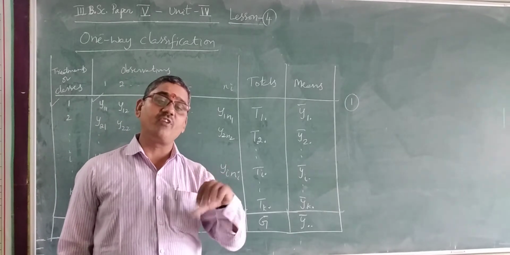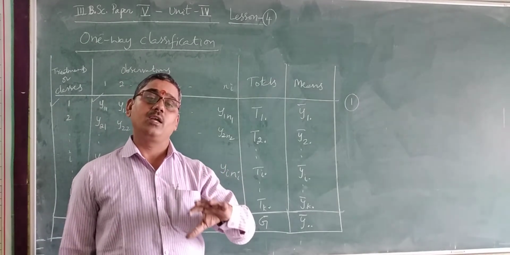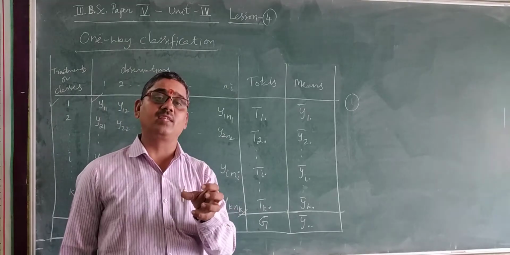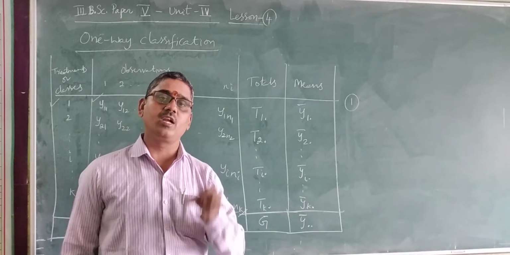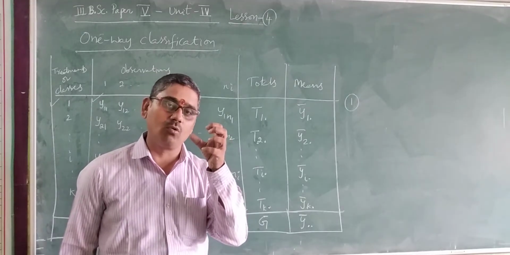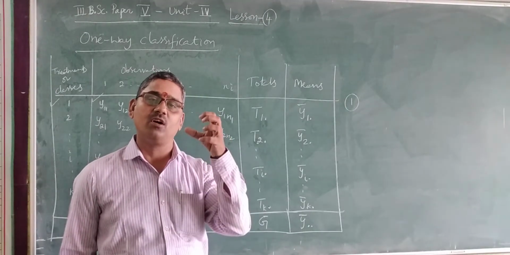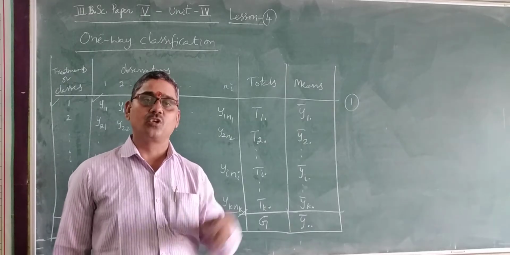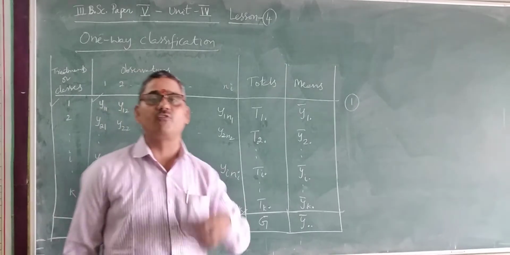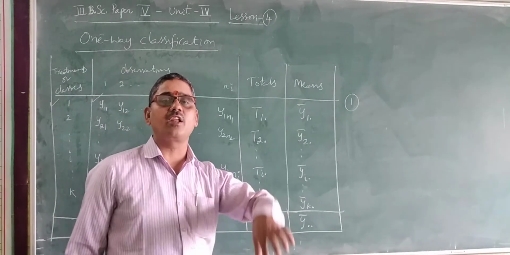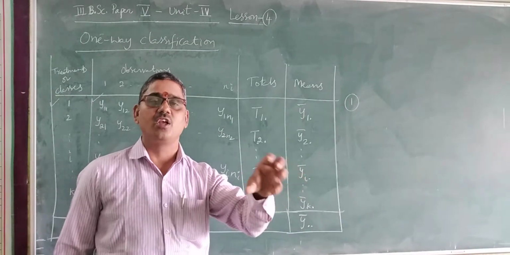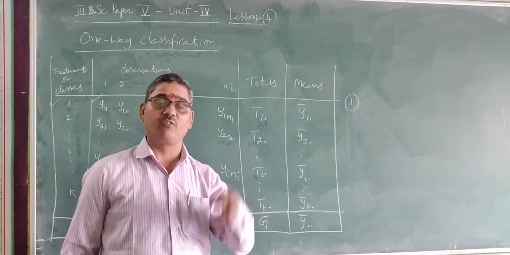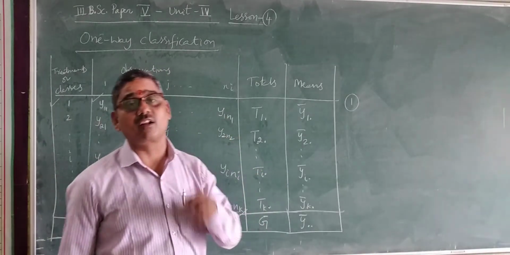Treatment is one such predominant factor of varying the yield. So it is called one source of variation. By applying various treatments, you will get various yields of the crop.